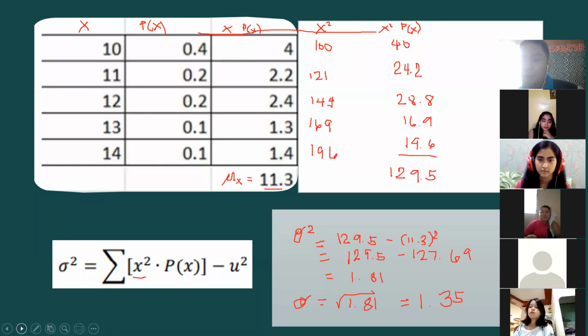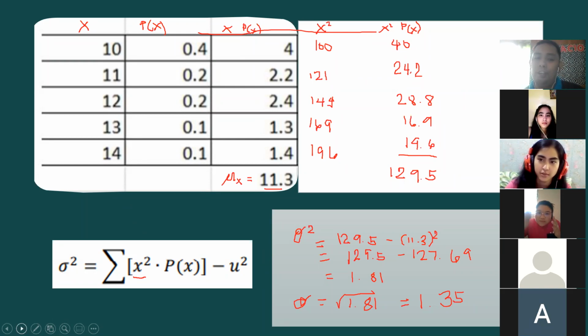Okay? So, pwede kayong mamili kung anong gagamitin nyo in order to find our standard deviation and our variance. Alin po yung mas madali, yung dati o yung ngayon? Yung ngayon po, sir. Okay.